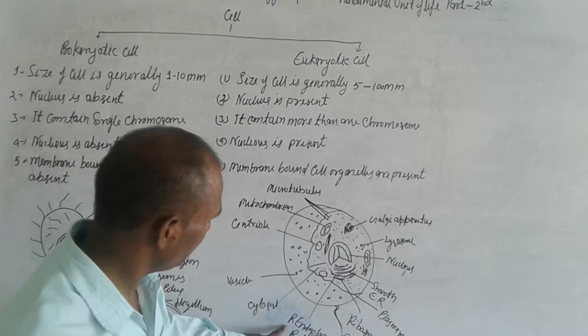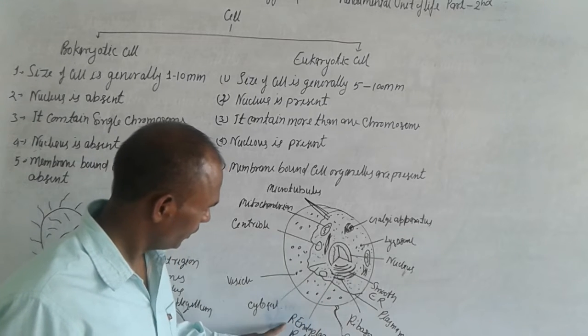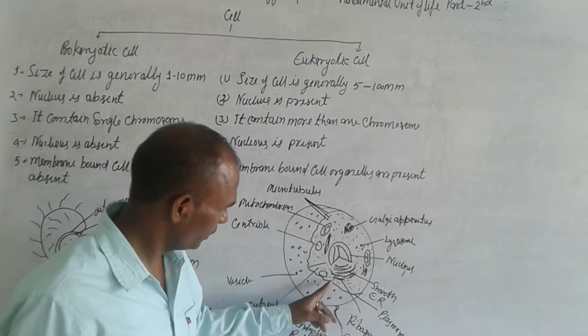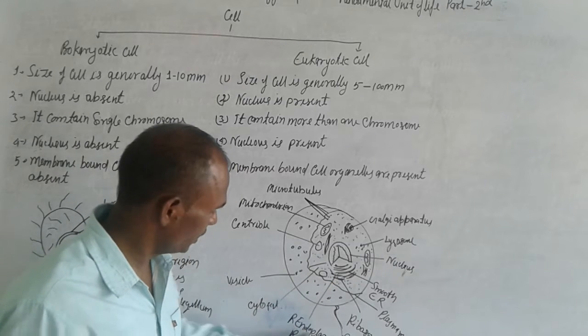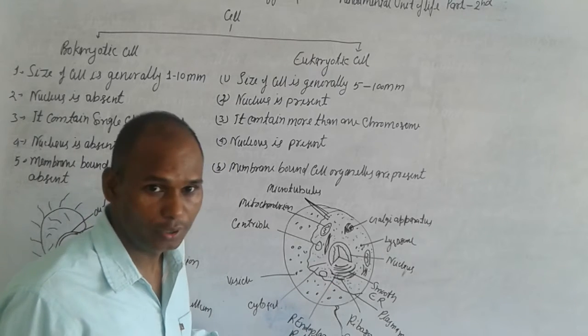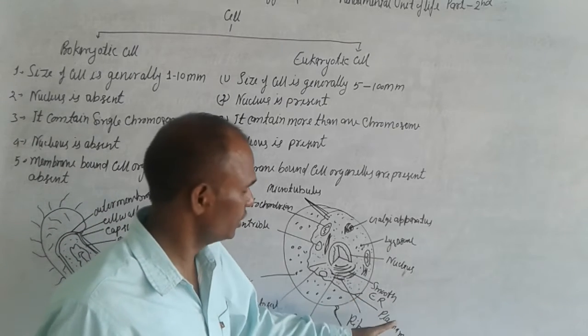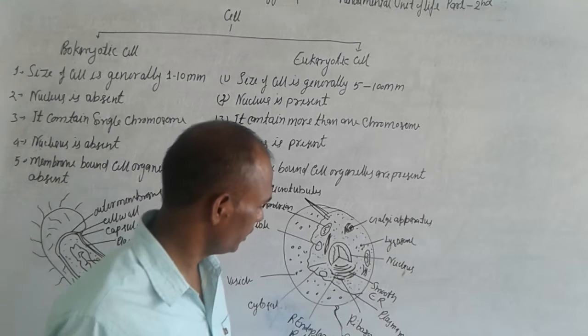With attached ribosomes, it is the rough endoplasmic reticulum. But when ribosomes are not attached, it is the smooth endoplasmic reticulum.